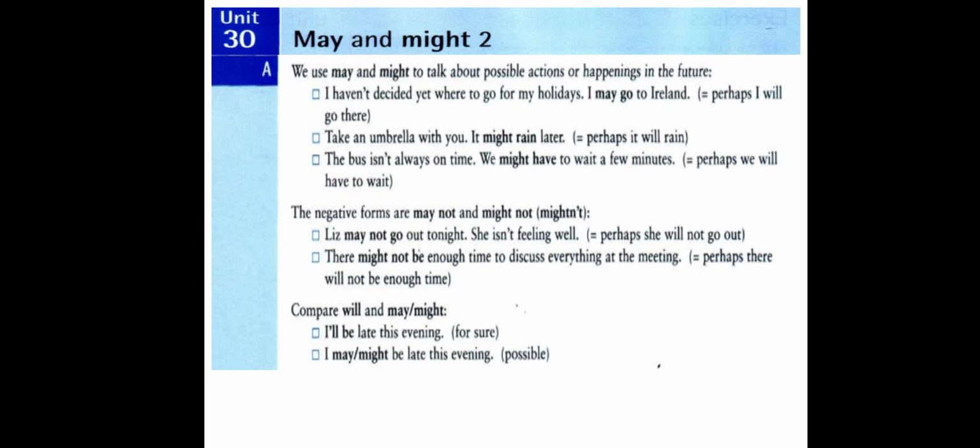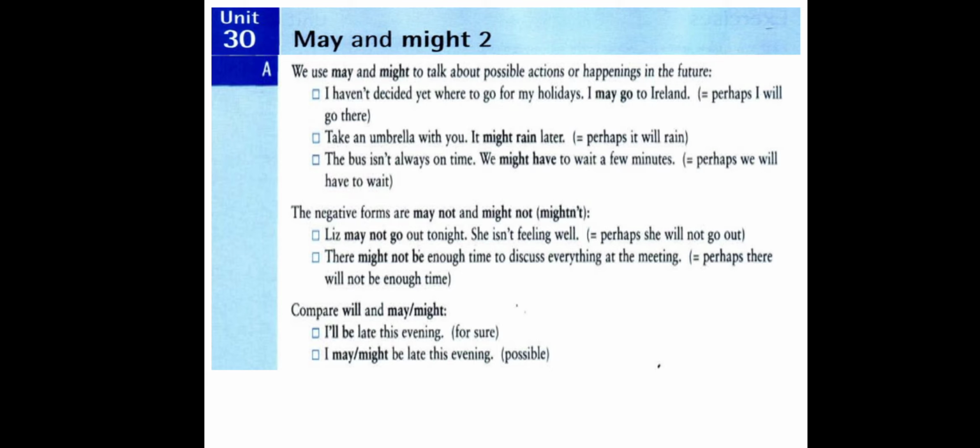Example number 2, take an umbrella with you. It might rain later. Later here means in the coming future. So we use might plus base form to express a future possibility or situation. And it means perhaps it will rain in the future.